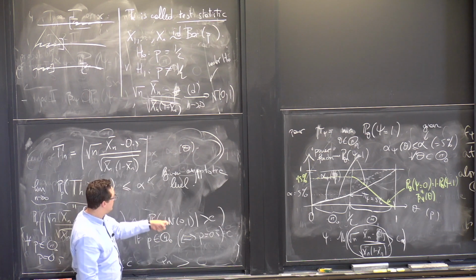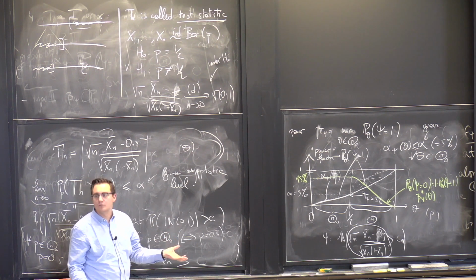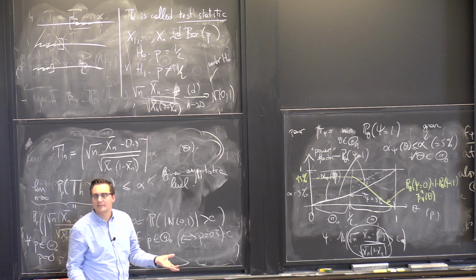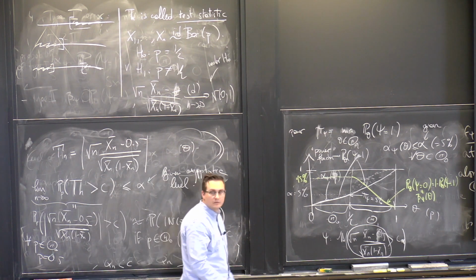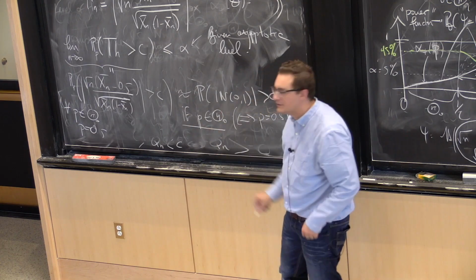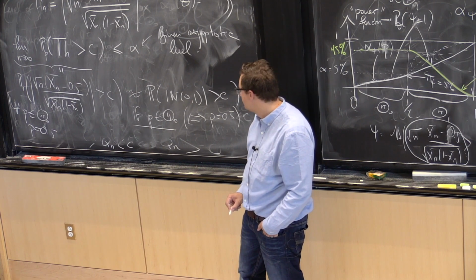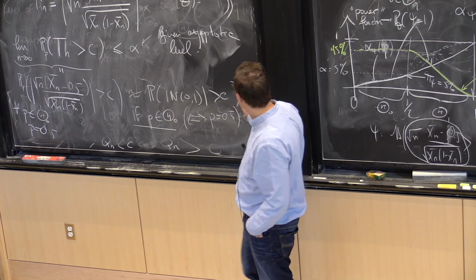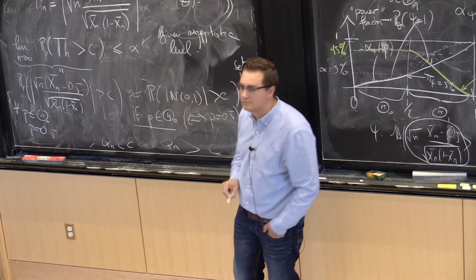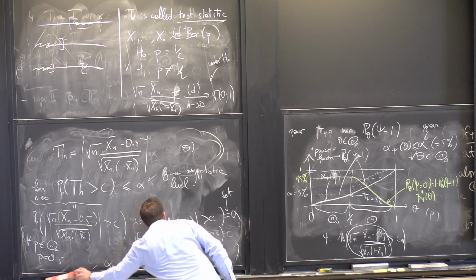So all I want is that this is less than alpha, but we might as well just make it equal to alpha, as long as it's less than alpha. So this is a true statement, but only under this condition. So I'm going to set it equal to alpha, and then I'm going to try to solve for c.